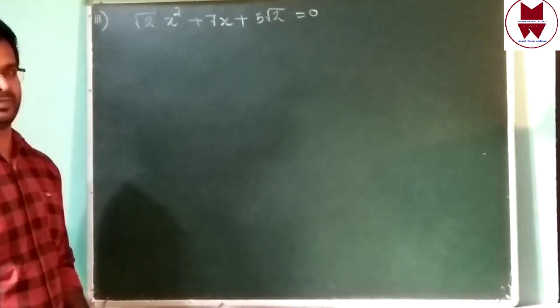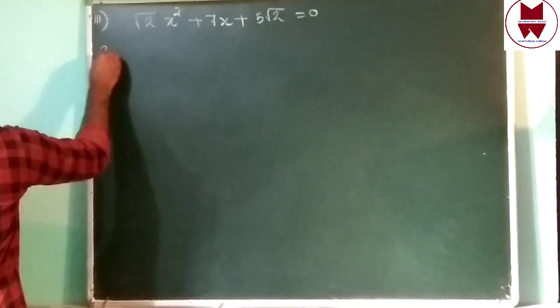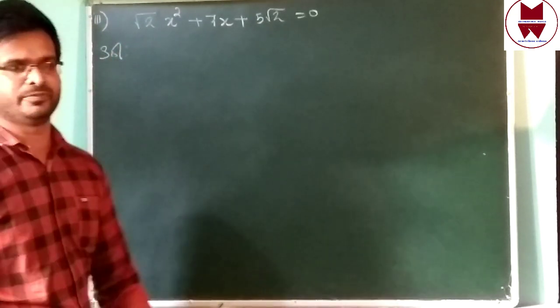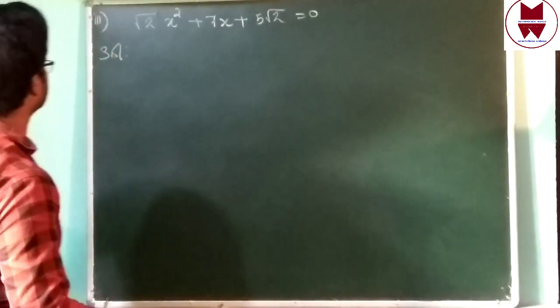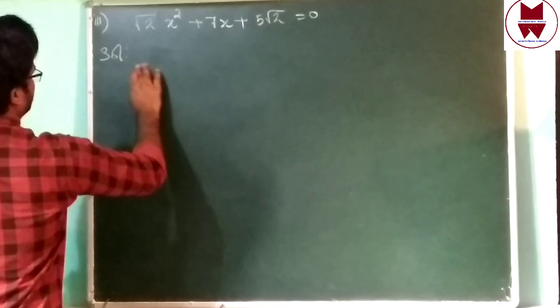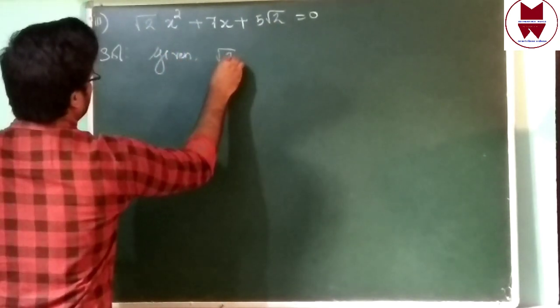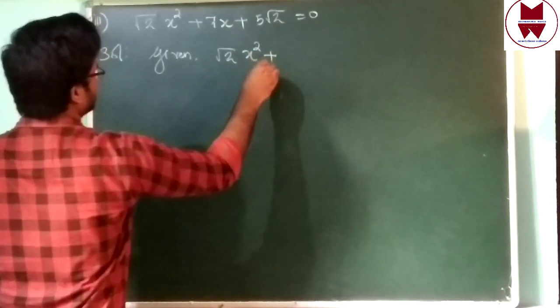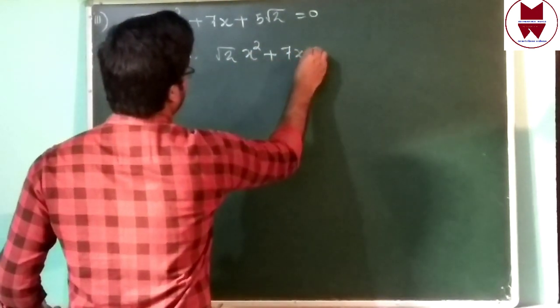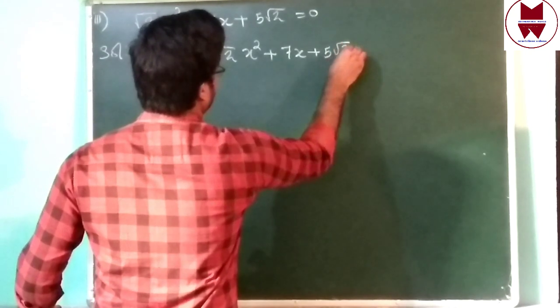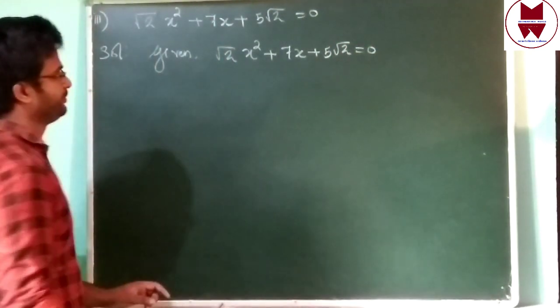Next question, Roman number 3. And here also we have to find out roots. First, given equation: root 2 x square plus 7x plus 5 root 2 equal to 0.